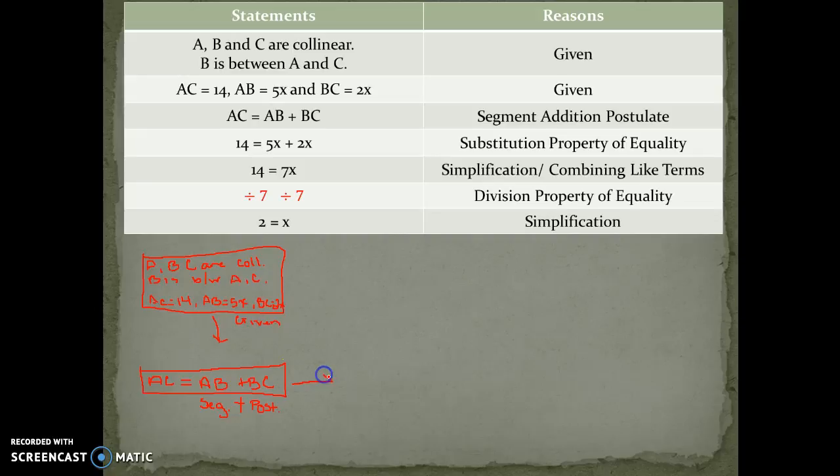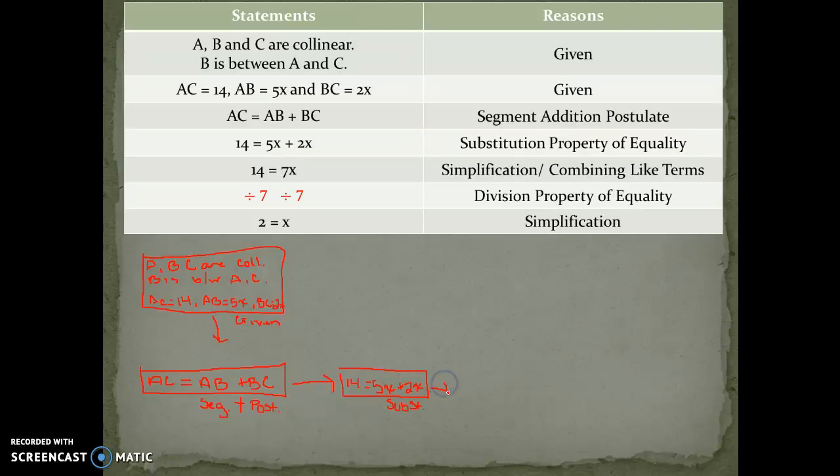From that reason, the next line we have was that 14 is equal to 5x plus 2x. The reason we were allowed to do that was substitution. So I'll abbreviate that as SUBST.